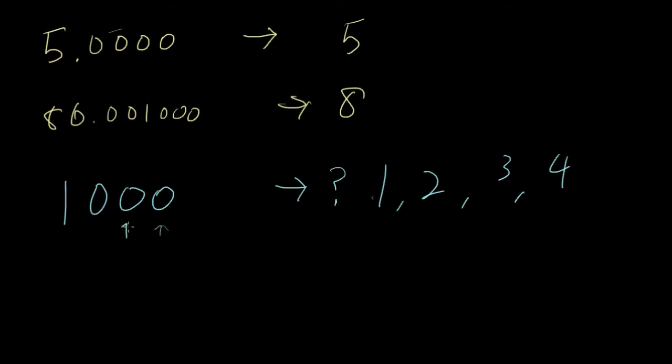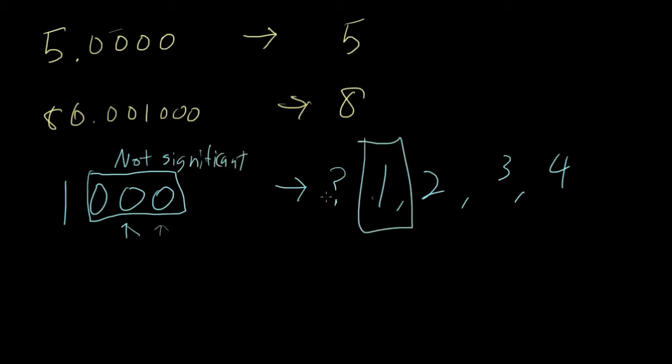If this 0 was an estimate, then it's 3, and so forth. Conventionally, we're going to say that these zeros are not significant. So generally when we see a number like that with trailing zeros without a decimal, we're going to say they're not significant.